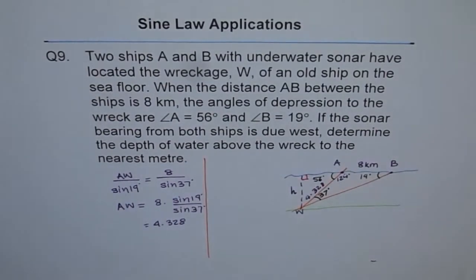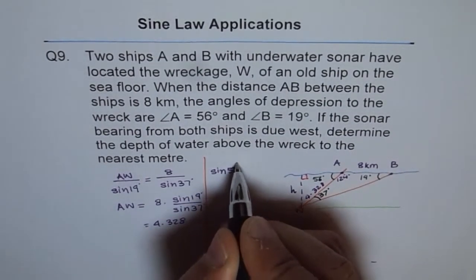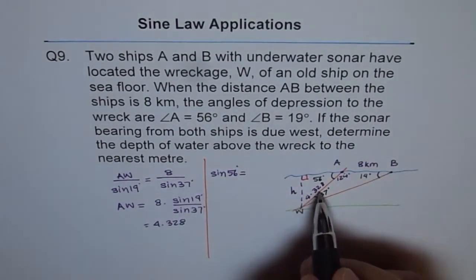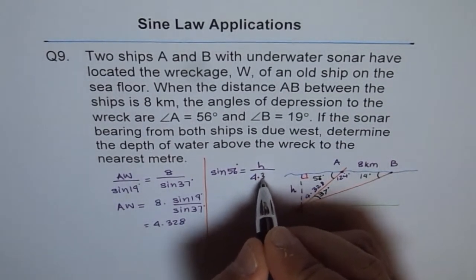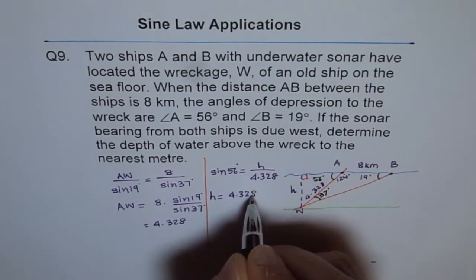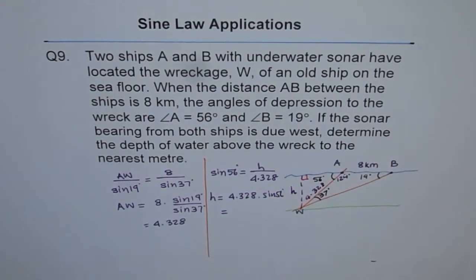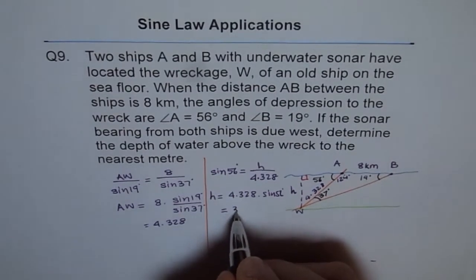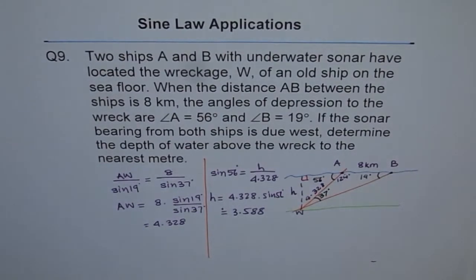We can say sine of 56 is equal to opposite over hypotenuse, which is h over 4.328, and therefore height is equal to 4.328 times sine of 56, and we get 3.588. That's approximate height in kilometers, correct?